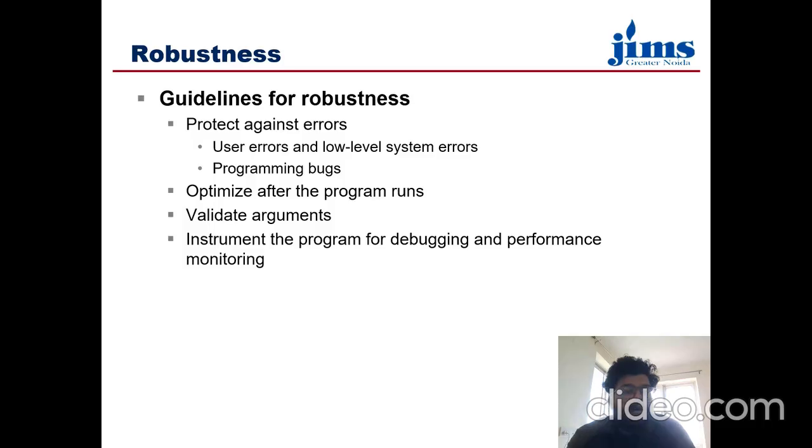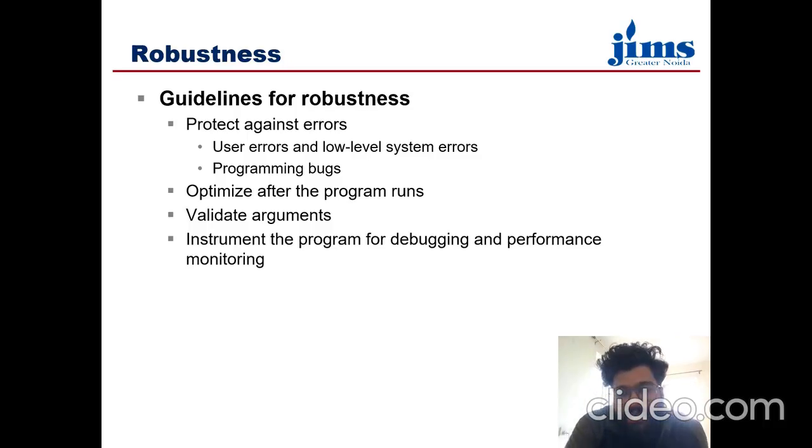Now coming to robustness. Robustness refers to how well the program handles errors and unexpected situations which occur while developing the program. To make the system robust, we must follow certain guidelines: protect against user errors and system-level errors, and handle programming bugs gracefully.